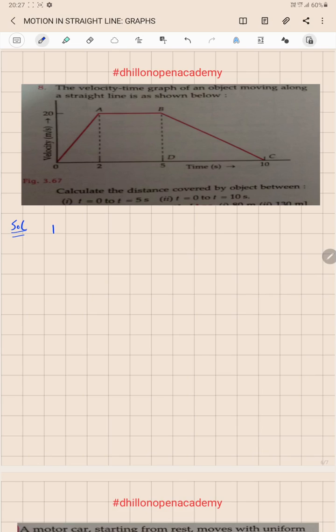So in the first part, when time is 0 to t equal to 5 seconds, we have to find out the area under the graph O, A, B and D, which is nothing but the trapezium.